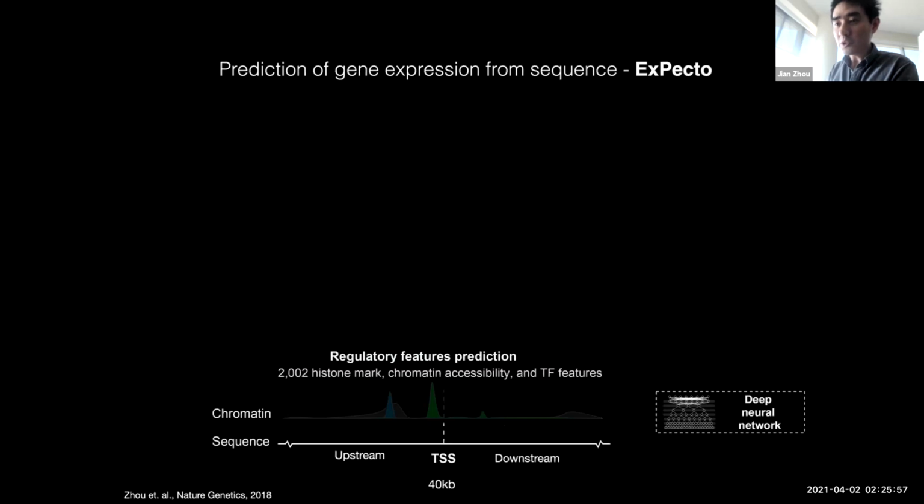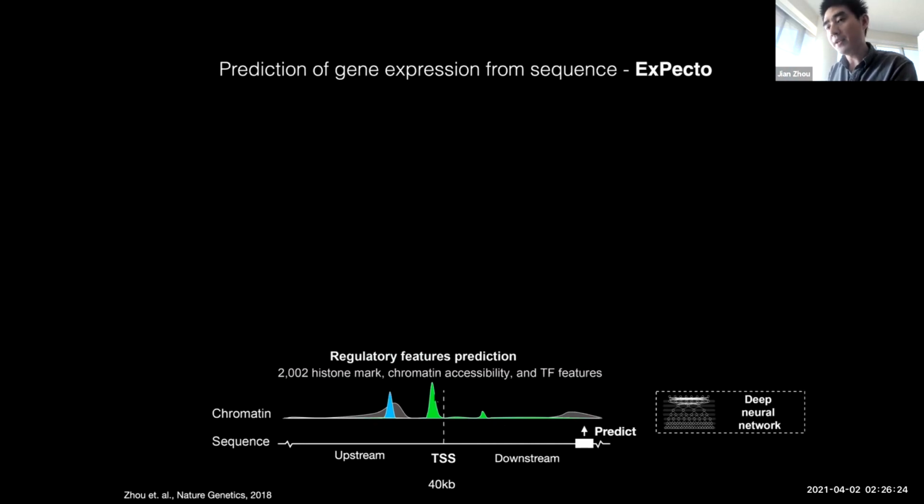To address the first problem, we look at a broad region of 40 kilobase pairs, and we apply a pre-trained chromatin level prediction model to predict at every position of this window using a sliding window. So we predicted spatial patterns of every chromatin profile.